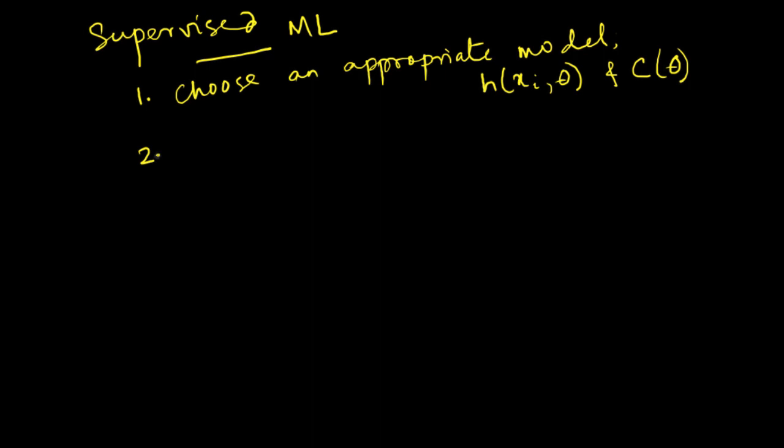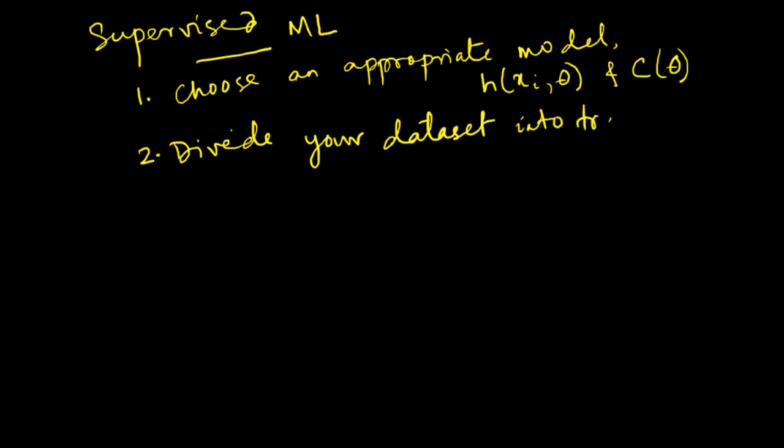The second step is that you divide your data set into training and testing. The training is for learning your parameter values theta, and testing is to test whether you have learned the parameter values properly or not.